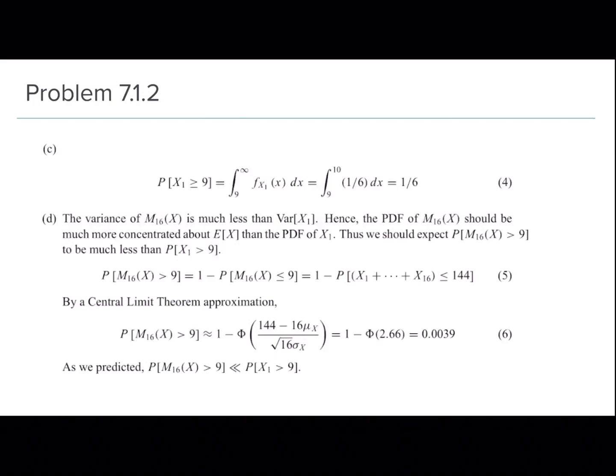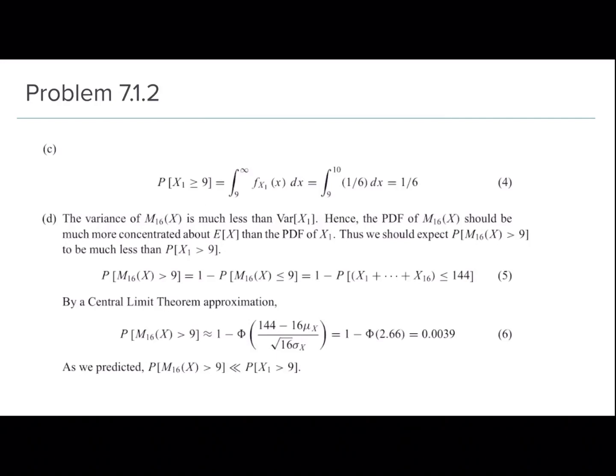So when we try to find P of M16X greater than 9, we'll be finding the area below the curve from 9 to infinity, and that area for M16X should be less than the area for X1, as M16X is more concentrated around 7, whereas X1 is less concentrated around 7.